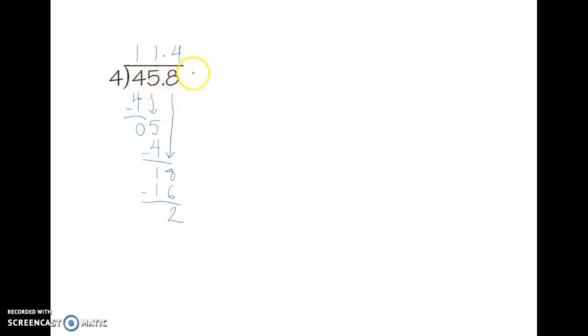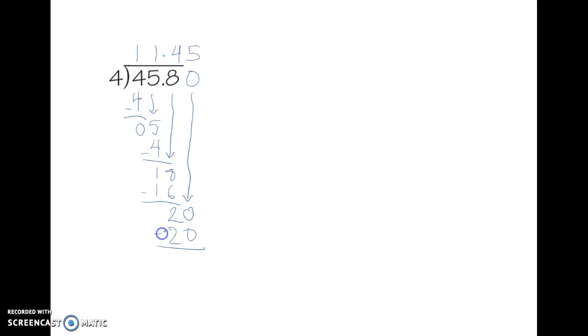45.8 can be changed to 45.80. That 0 does not change the value of this number, but it gives us the chance to do one more step with this problem. After I subtracted, I have to bring something else down, but in the past I didn't have something there, so I've put something there so I can bring it down. And now I've got not a 2, I've got 20, and I know that 4 goes into 20 perfectly. 4 goes into 20 5 times. 5 times 4 is 20.